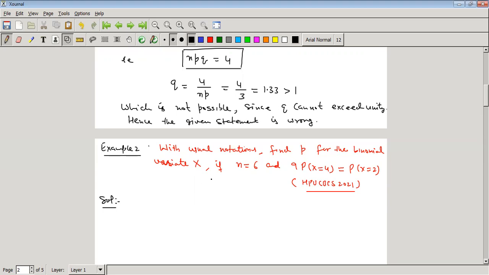So we have to find p for the binomial variate. A binomial variate is denoted by binomial with parameters n and p.